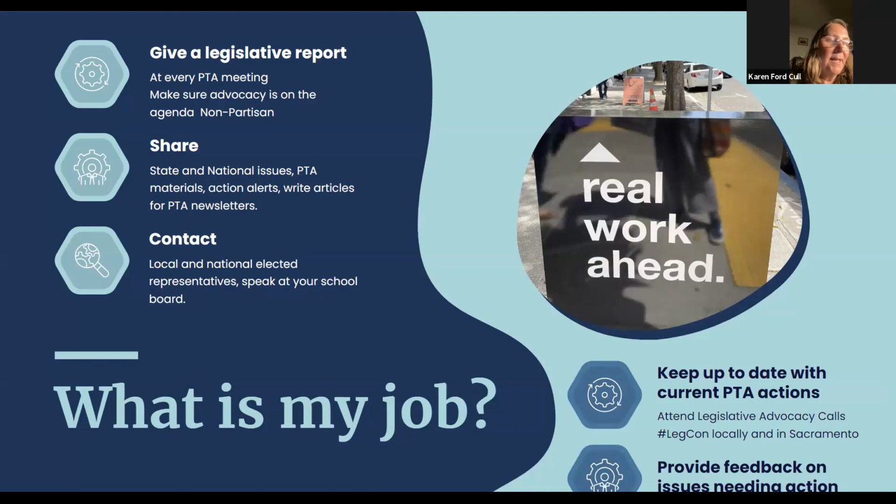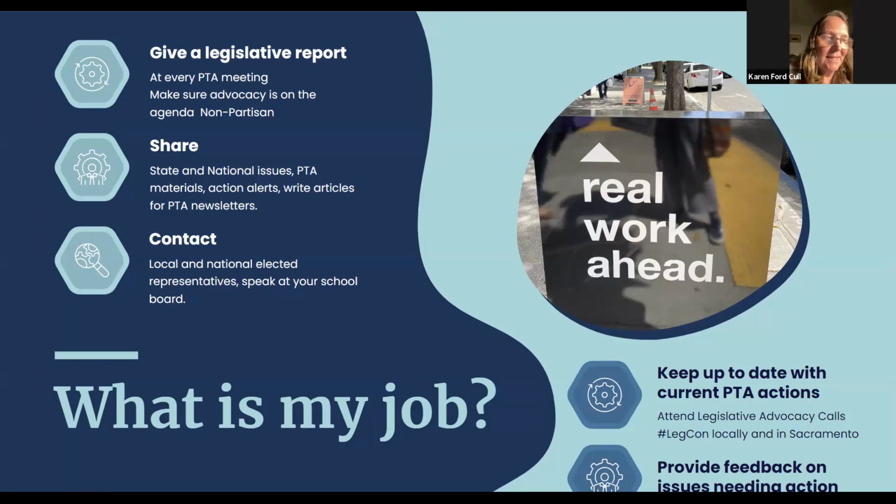It helps if you have a particular thing that we're advocating for, and then it's easy to contact them, send them an email and say you'd like to come and visit them about a particular issue. You want to really establish a relationship.